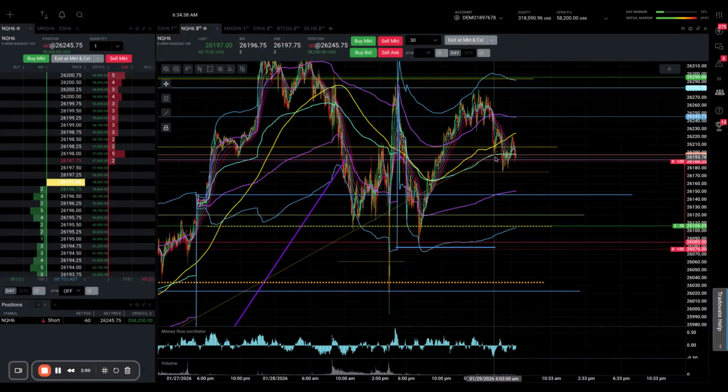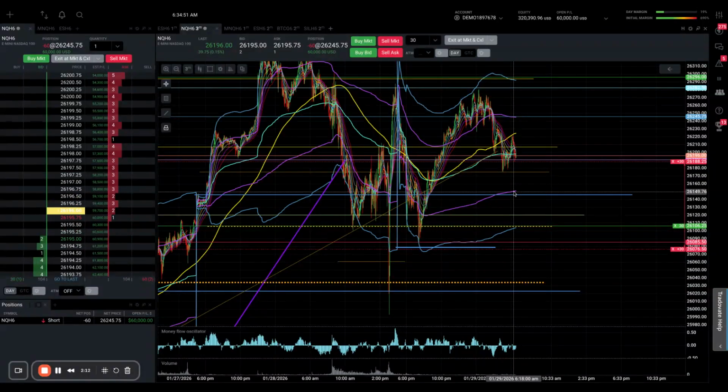And we are getting close to halfway here, between the lower middle and upper middle VWAP. And if you've been watching my videos, as long as we're above upper middle VWAP, we go up.